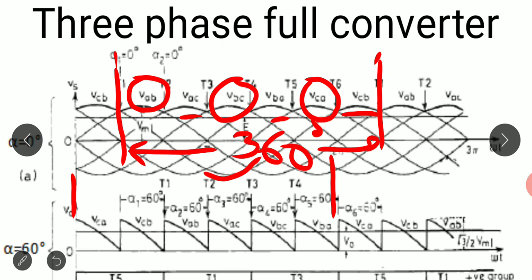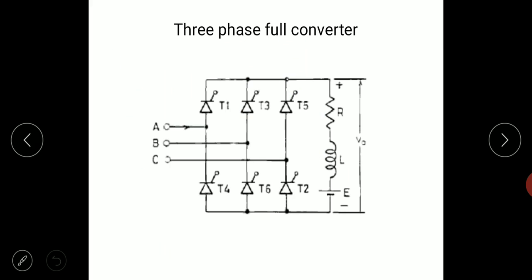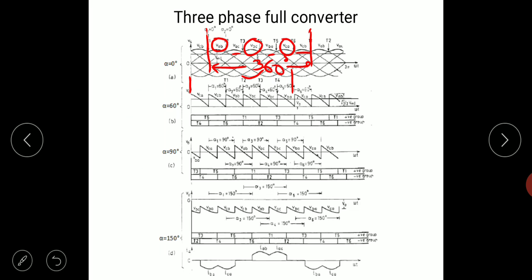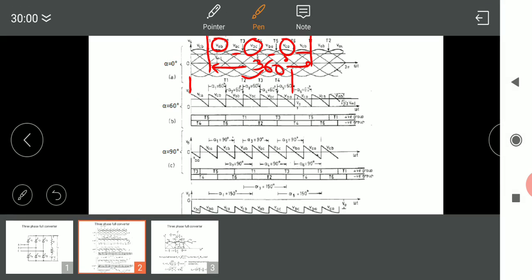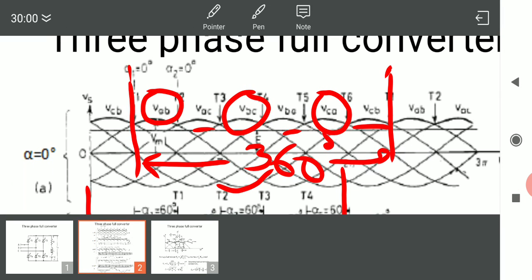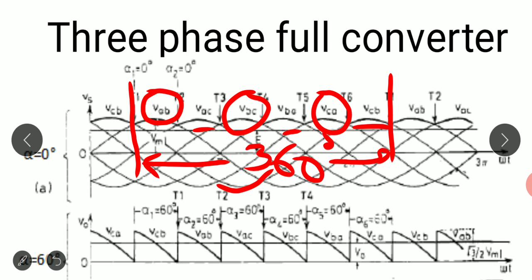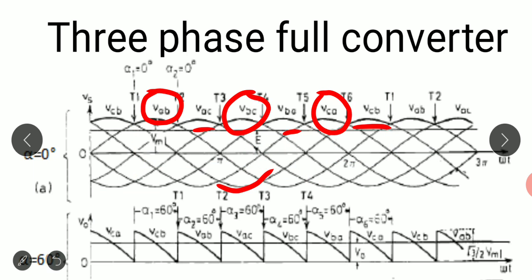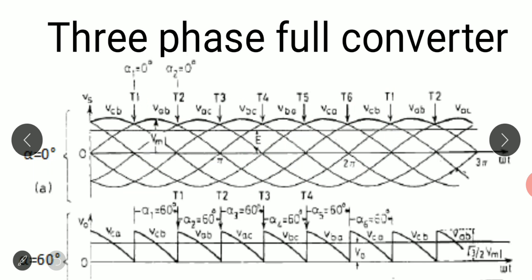So, this 360 degree is divided into 6 intervals: 1, 2, 3, 4, 5, 6.